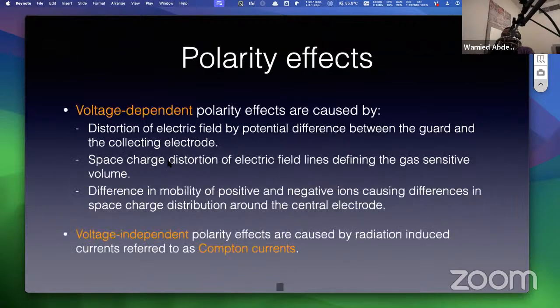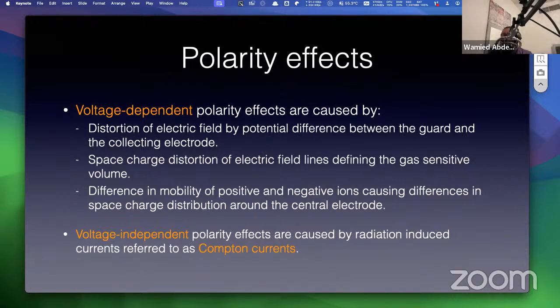Another thing is the space charge distortion of electric field lines defining the gas sensitive volume. When the chamber is not ionized, we have an electric field that is set by the polarization of the chamber. But when we apply the ionizing radiation beam and we get ionization in the chamber, the chamber has charges inside, and these charges can distort the shape of the electric field inside the chamber.